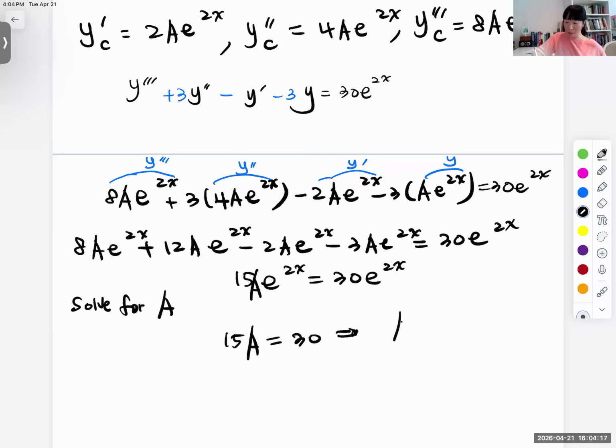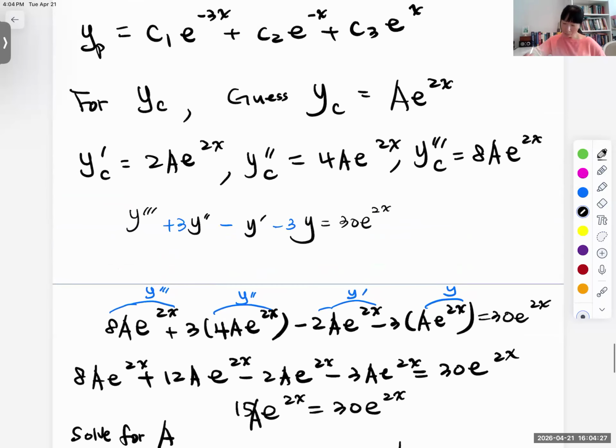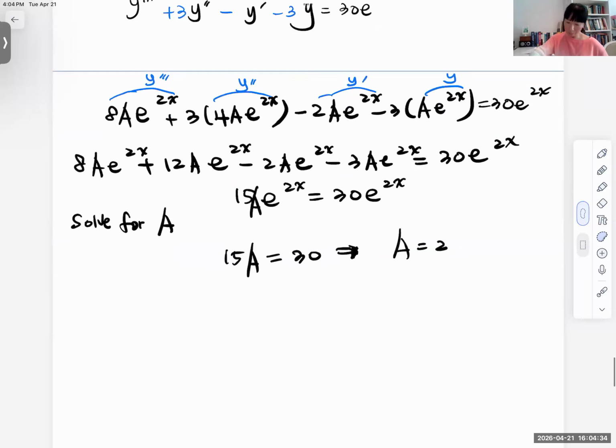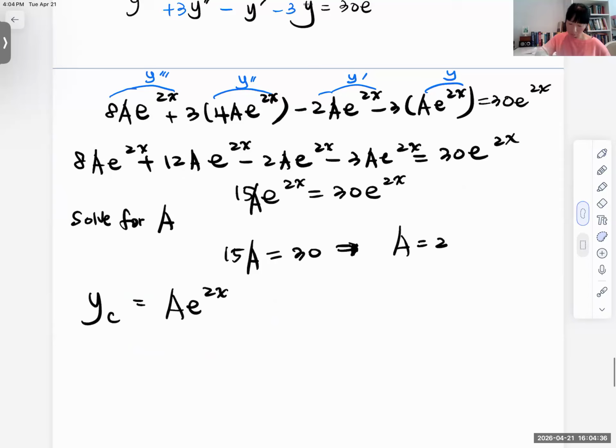And a equal to what? 2. Very good. Okay. From the complementary solution, a equal to 2. So we have 2e to the 2x.